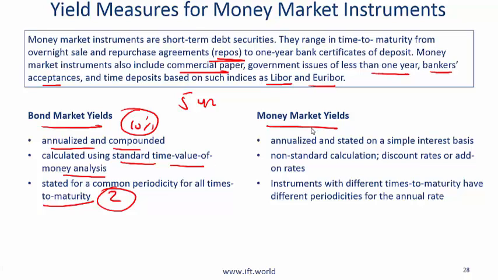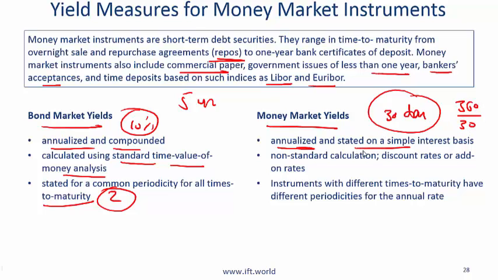What about money market yields? These are annualized and stated on a simple interest basis. In other words, if you have a rate for an instrument that is maturing in 30 days, and you have a 30-day rate, then to annualize, you will simply multiply by 360 over 30.